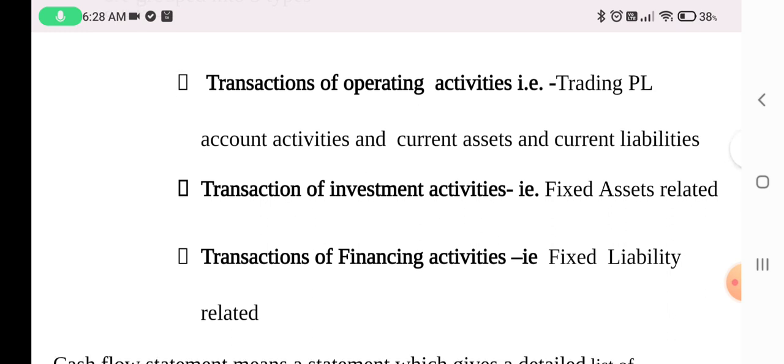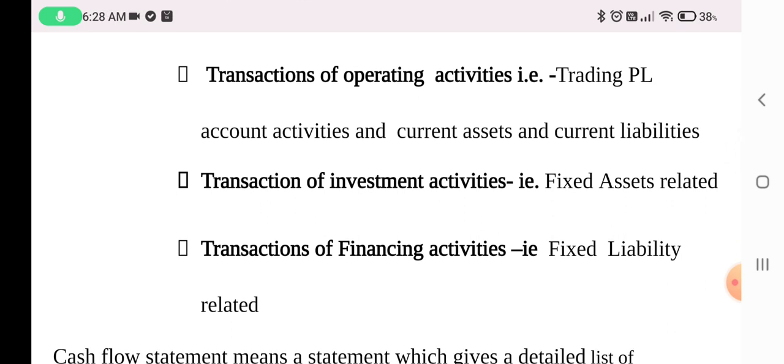And then next, the transactions due to the activities that take place on the asset side, particularly fixed assets. So when you buy the fixed assets, the cash is going out. When you sell the fixed assets, the cash comes inside. So these two transactions are related to the fixed assets, and these are all making changes in the cash balance.